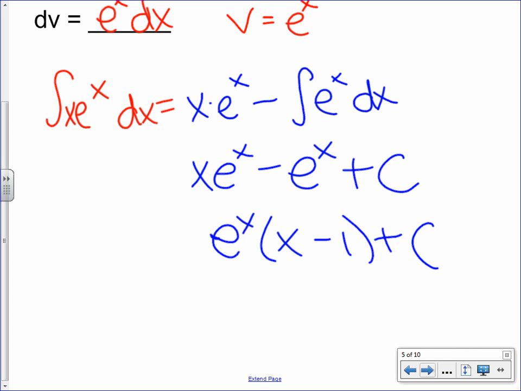True, but is that really fancy form helpful? It would be helpful to do this if I asked you to evaluate it from 1 to 3, right? That's probably when it would be the most helpful. We're not having to set this equal to 0.